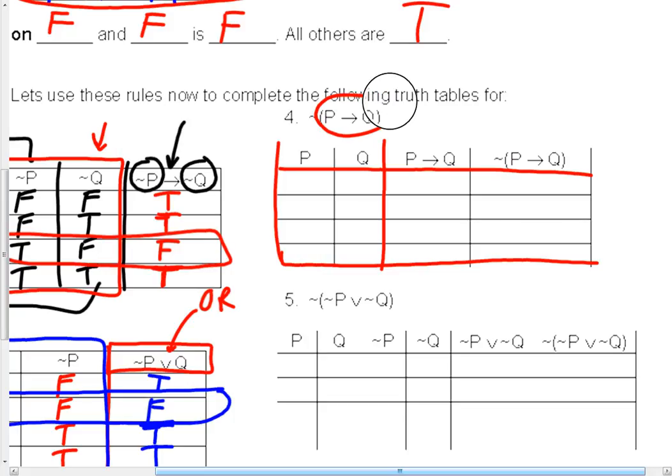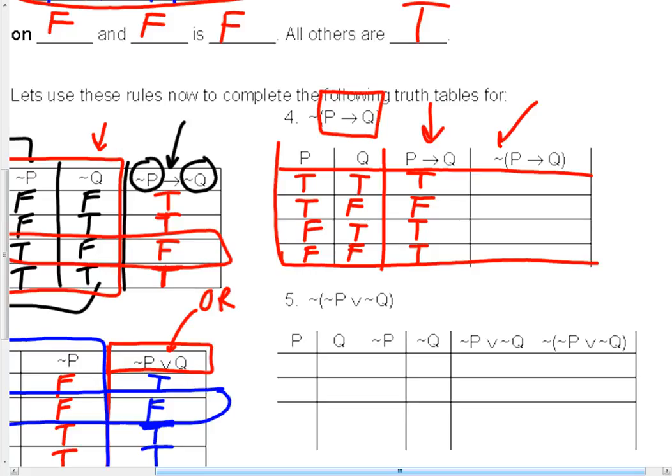So as long as I can find a column or make a column that looks exactly like what's inside the parentheses, all I do is reverse it. So we'll do true, true, true, false, false, true, false, false. This is just your typical conditional column. What is the only one that's going to result in a false? This one right here. I won the lottery, didn't buy you a car. That's false. Everything else is true.